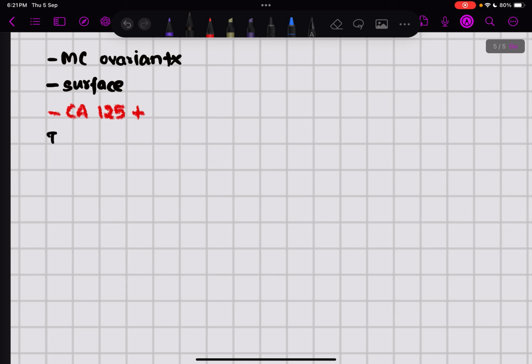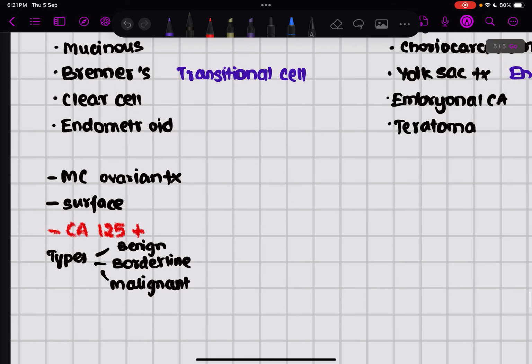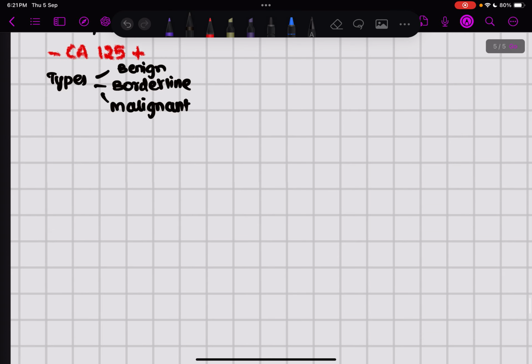They can generally be divided into 3 types: benign, borderline, and malignant.